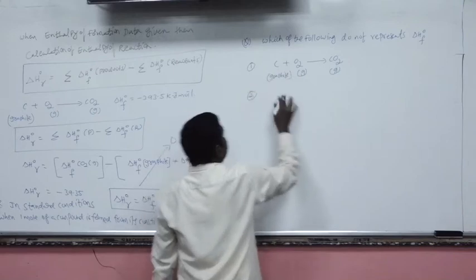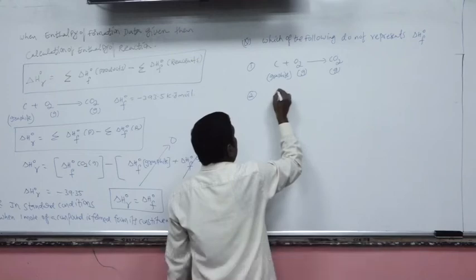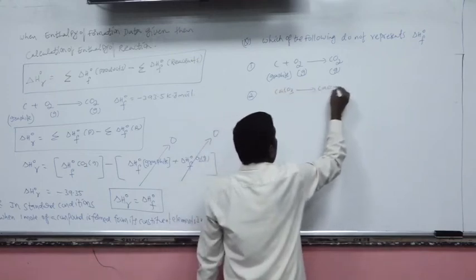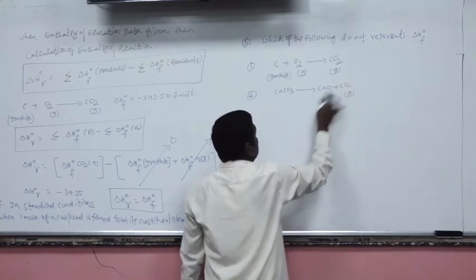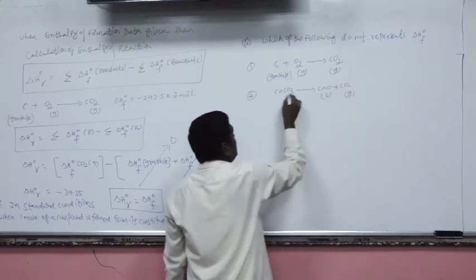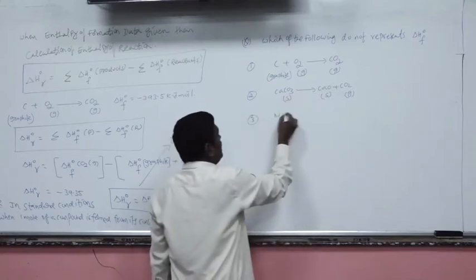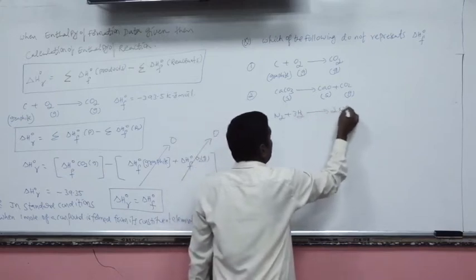Next one, CaCO3 gives CaO plus CO2, CaO solid, CaCO3 solid, CO2 gas. N2 combined with H2 to give NH3.